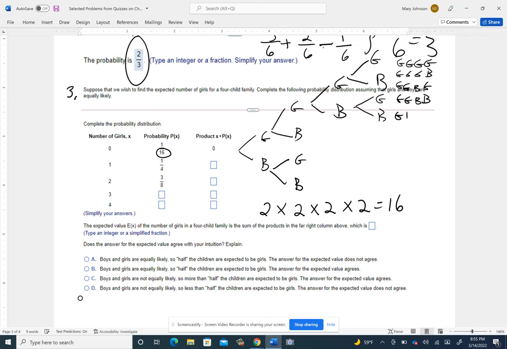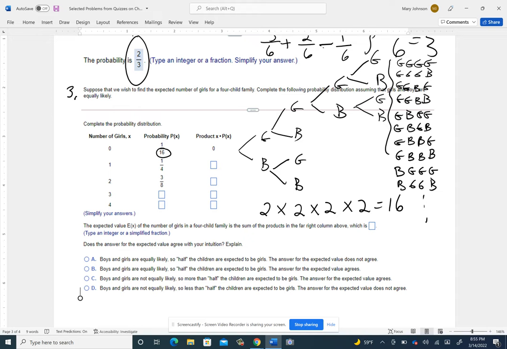Or we could go to the girl, boy, girl, girl, girl, boy, girl, boy, girl, boy, boy, girl, and keep going until you get everything done. So now I'm done with all my girls. Now I'm going to start with boy and do the same thing. But you see these 8 right here, and then I'd start with boy, girl, girl, girl, boy, girl, girl, boy. And I could keep going.